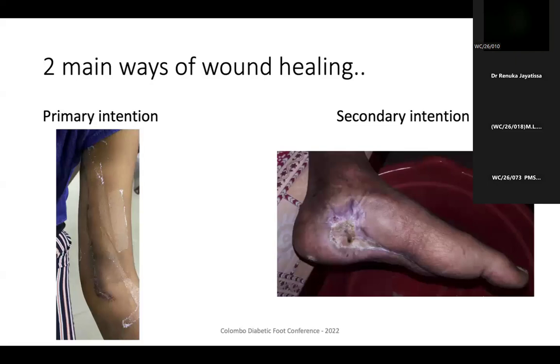That means the wound is often a clean-cut laceration or a sutured incision. That's the initial acute wound that heals. But if it doesn't heal like that and you are left with a big scar, a big gap, then of course it will be called secondary intention, where there's a lot more scar tissue, a lot more fibrous tissue, filling the space.